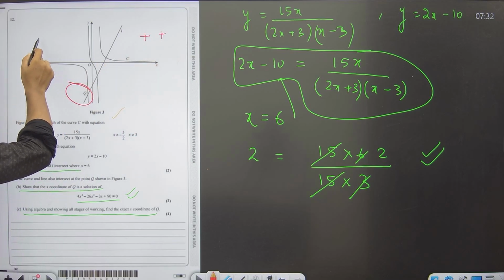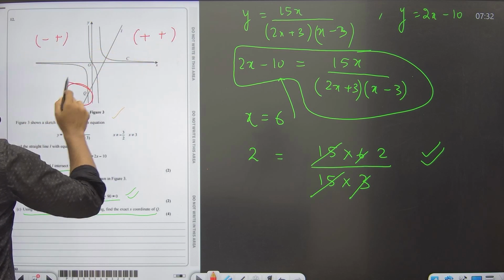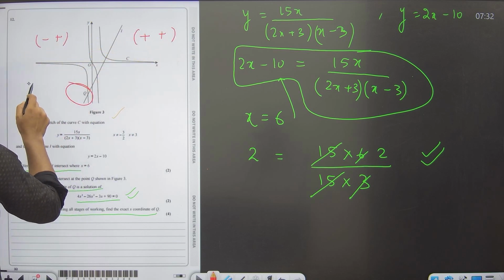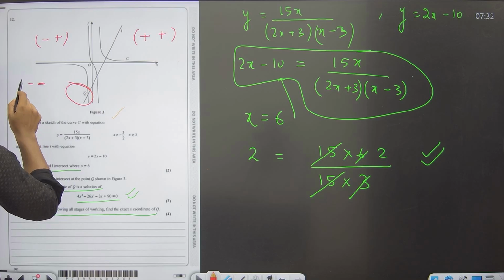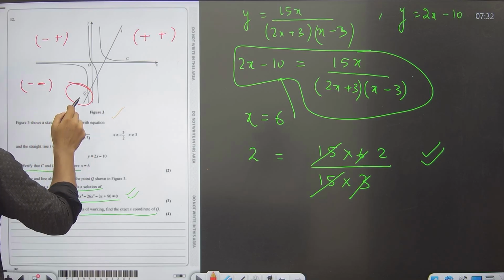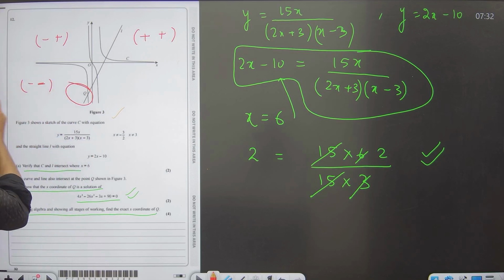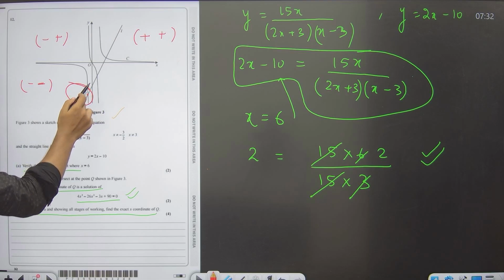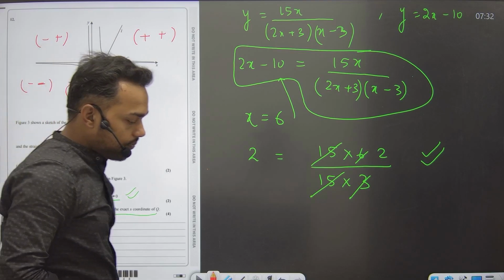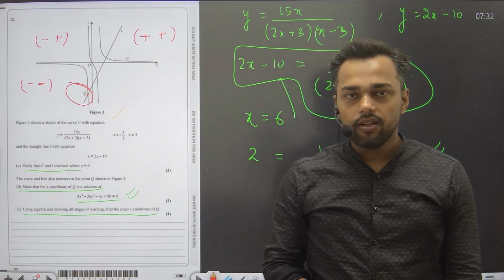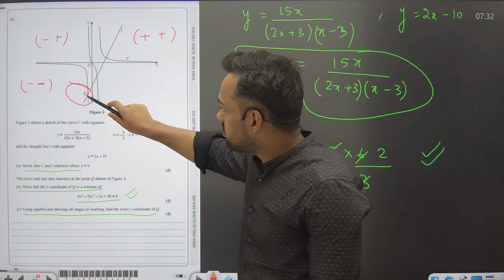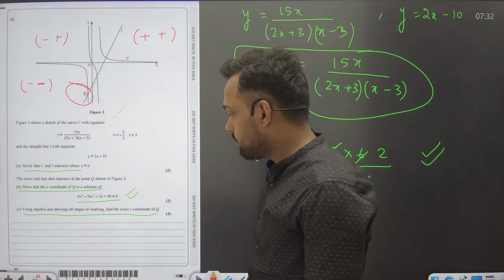Here x will be negative and y will be positive. In the third quadrant, x will be negative and y will also be negative. So we can say that the coordinate of Q, the x part will be negative and the y part will be negative because it is intersecting in the third quadrant.